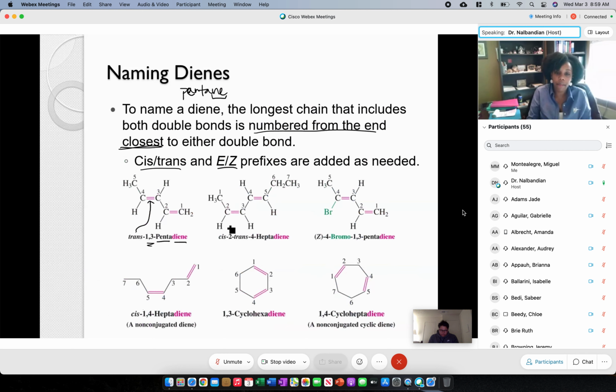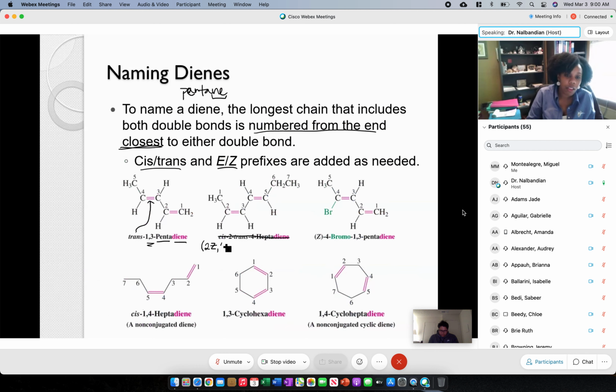You already know that. Here for this second one, we have a 7-carbon chain. So we number getting it to the alkene as quickly as possible. So it's a 2,4-heptadiene. They wrote cis 2, trans 4. Another way to write this would be (2Z,4E)-2,4-heptadiene.